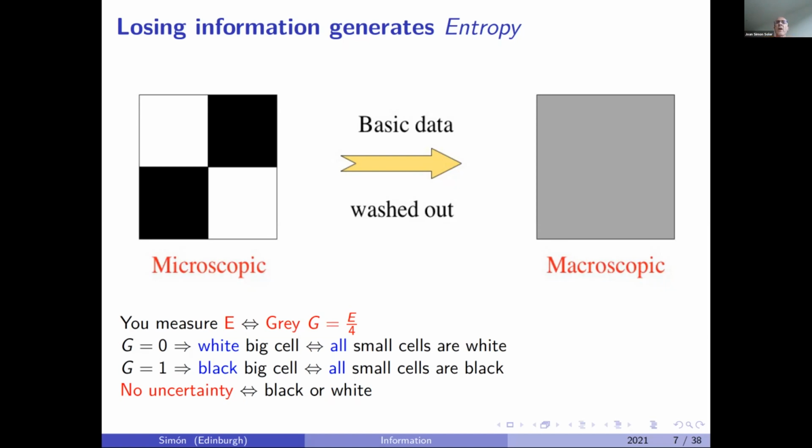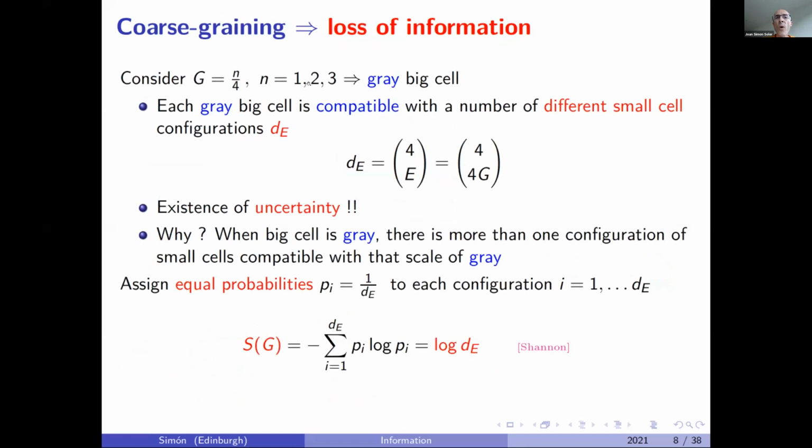And in this case, there is no uncertainty. Everything is white or everything is black. But in any other intermediate situation, when n is equal to 1, 2, or 3, so the number of black cells is 1, 2, or 3, there is an uncertainty in which microstate, in which ordered list of the 4 numbers I'm considering, because there are 4 choose E ways of choosing E black cells among the 4 cells.